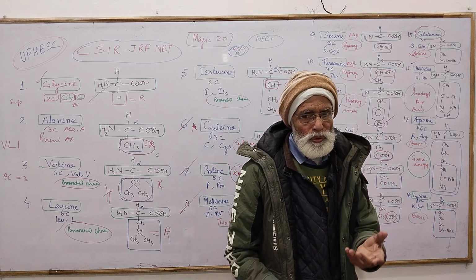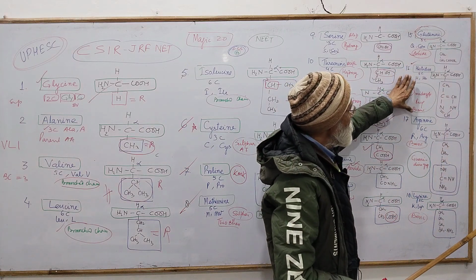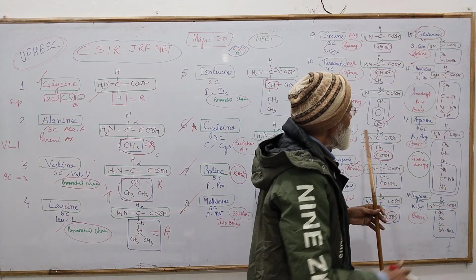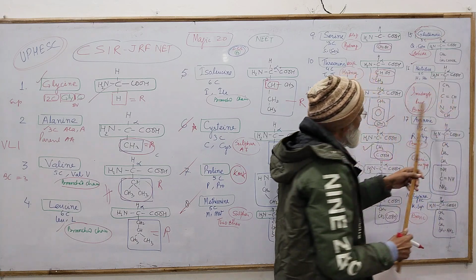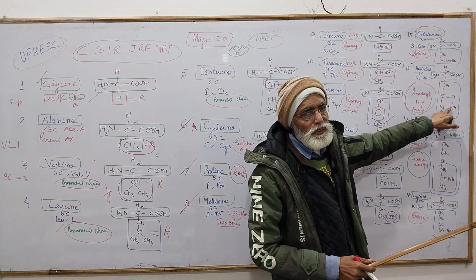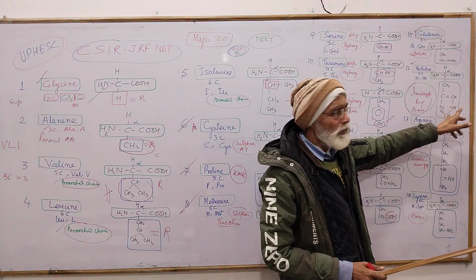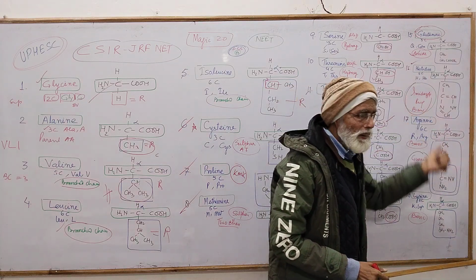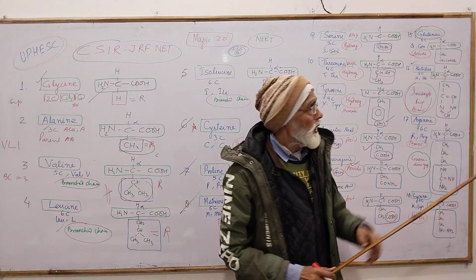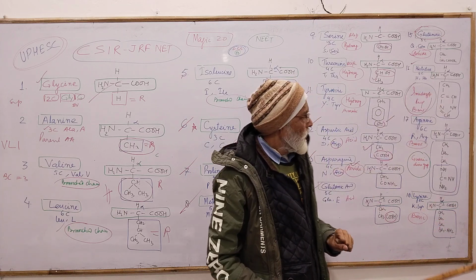Histidine possesses an imidazole ring, and this is also a heterocyclic amino acid because in the ring there are carbon and nitrogen. So heterocyclic as well as imidazole ring, in which amino acid is it found? Your answer is histidine.